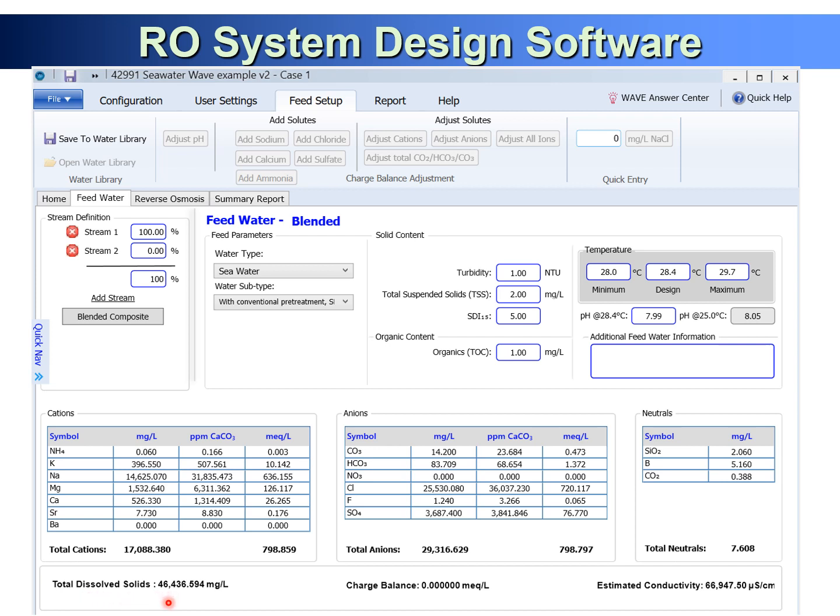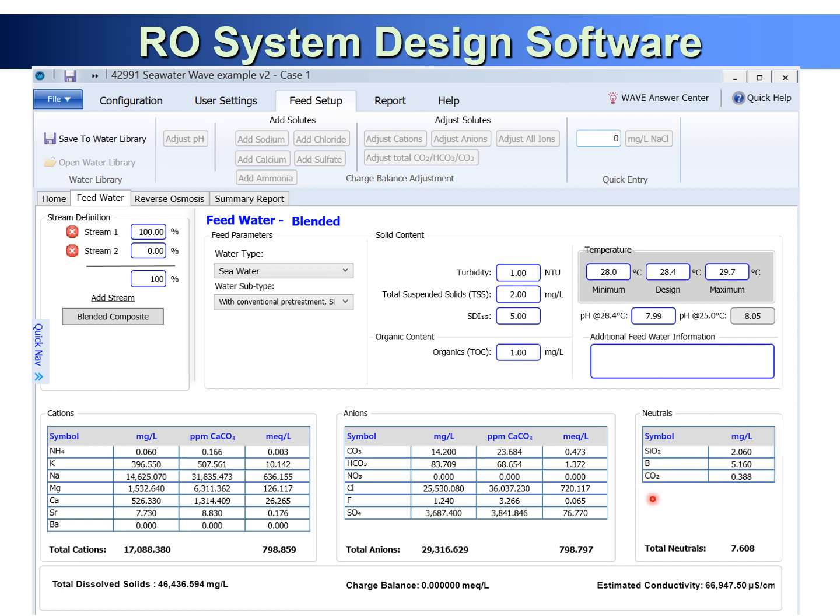So 46,000 milligrams per liter, which is a very high concentration for seawater in general. The Middle East, the Gulf, has this kind of high-concentration seawater quality. Also the neutral charge of your individual compounds.